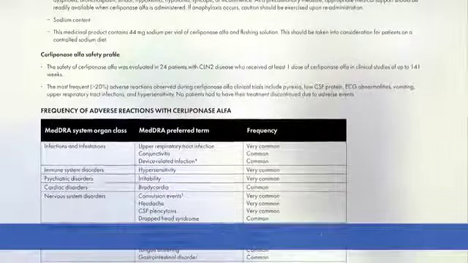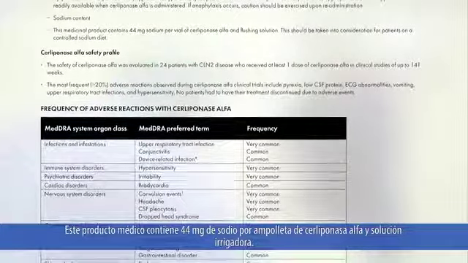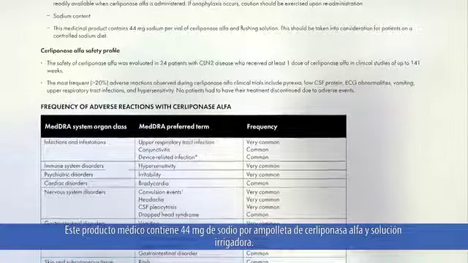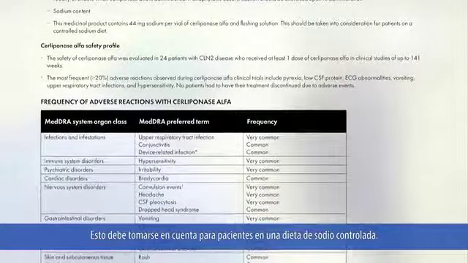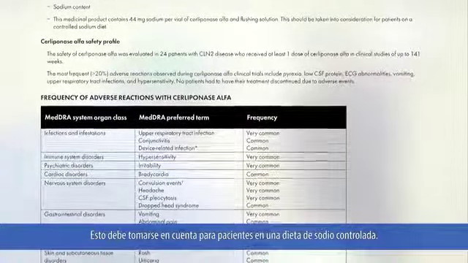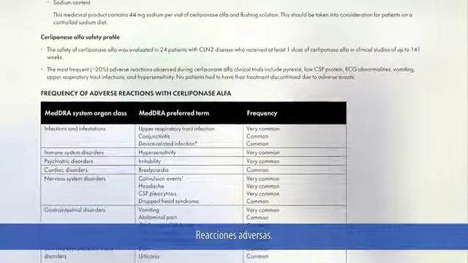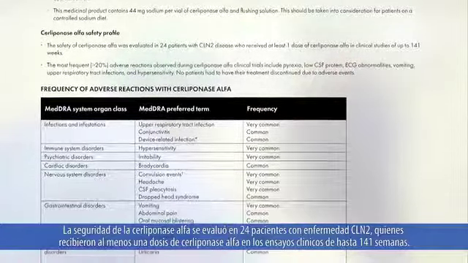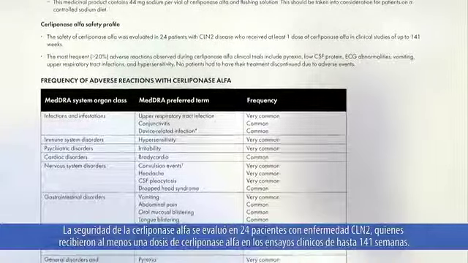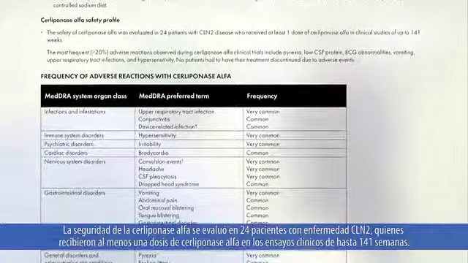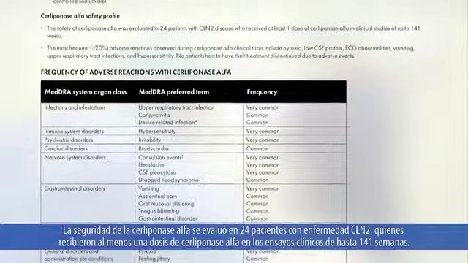Sodium content. This medicinal product contains 44 mg sodium per vial of solipinase alpha and flushing solution. This should be taken into consideration for patients on a controlled sodium diet. Adverse reactions. The safety of solipinase alpha was evaluated in 24 patients with CLN2 disease who received at least 1 dose of solipinase alpha in clinical studies of up to 141 weeks.